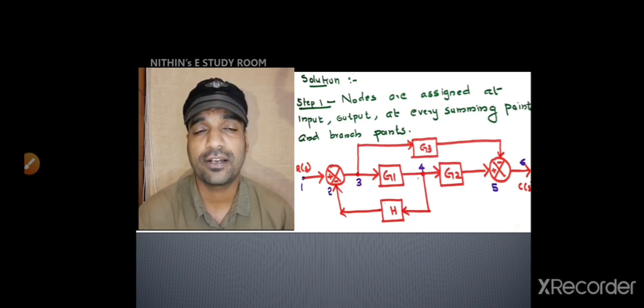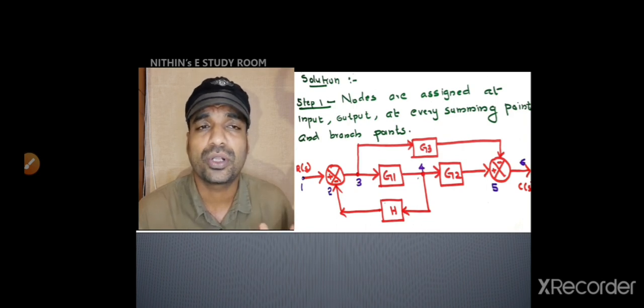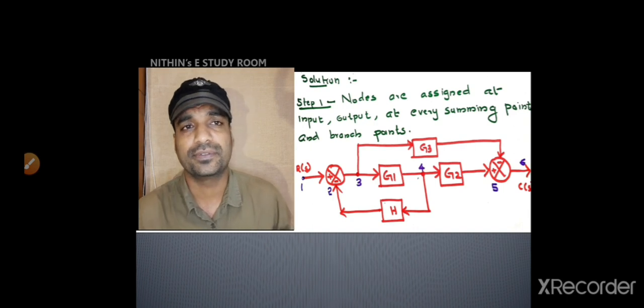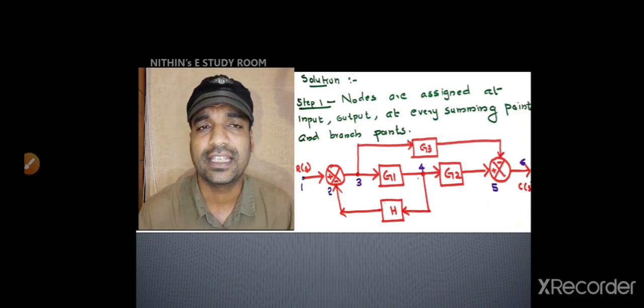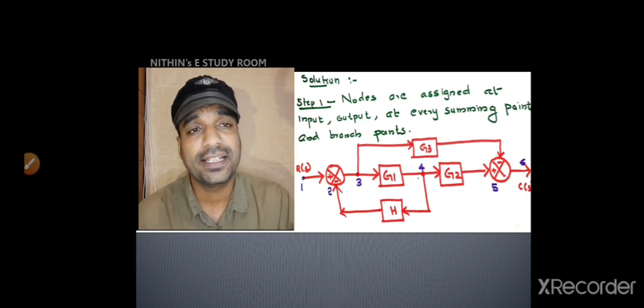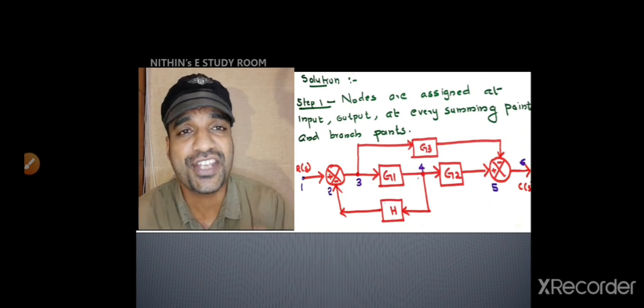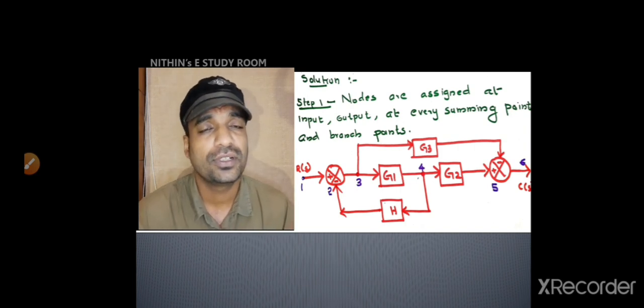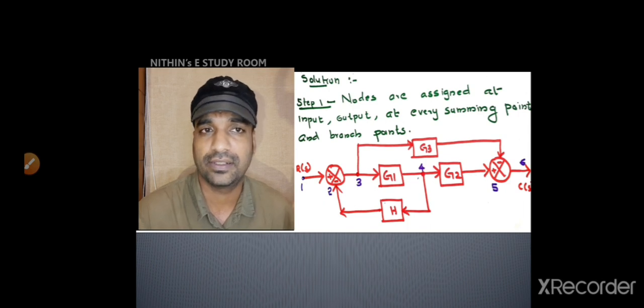In a signal flow graph, if you are getting directly a signal flow graph, you don't need to worry about which is the node, what is the branch gain, such things. Everything will be given directly. But in this problem, it is a block diagram, so you have to identify which are the nodes. So input will be a node, output will be a node. That is very clearly understood.